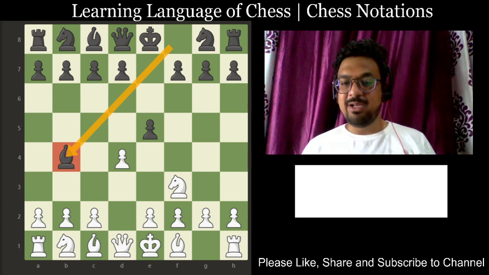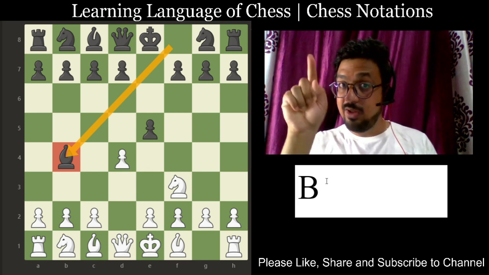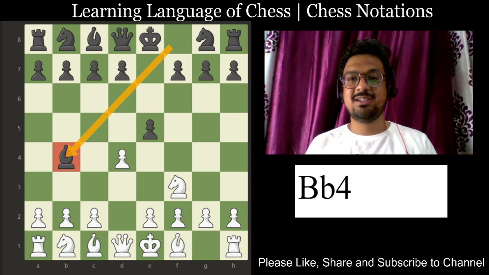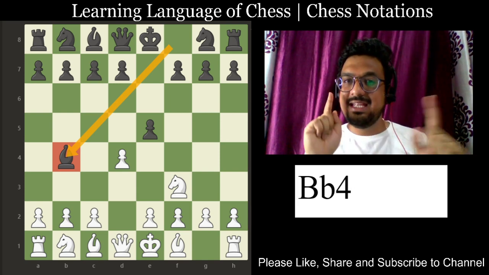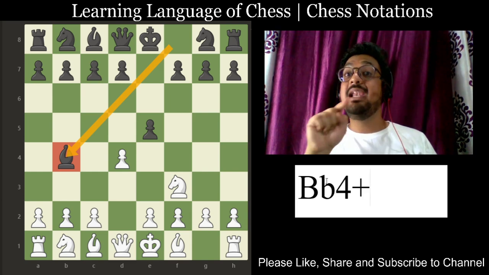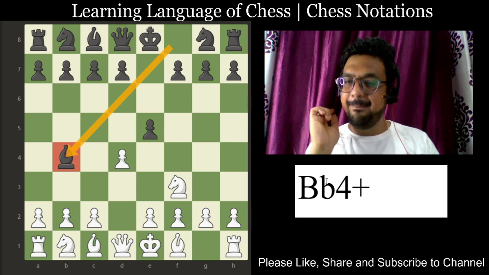So how will you write bishop to b4 check? It is written as B for bishop, small b for the file name, and the fourth is the rank. And now the check is written as plus. So whenever you give a check, it should be written as plus.